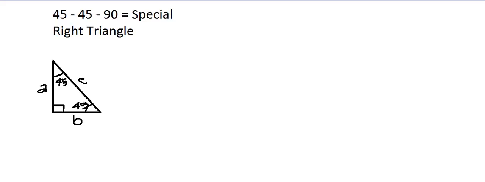Here, as you can see, C is the opposite side of the largest angle, while B is the opposite side of the angle that measures 45. Same thing also with A. A is the side which is opposite to your angle which measures 45 as well.